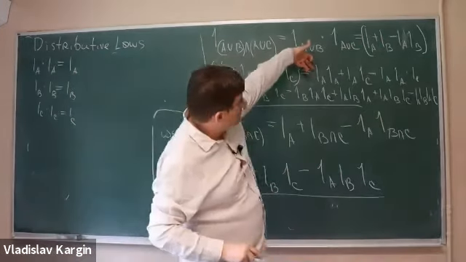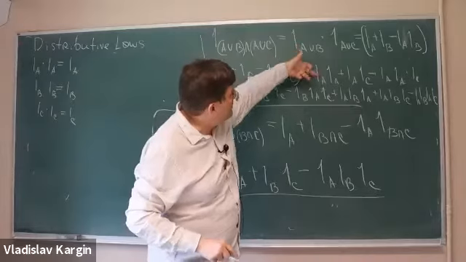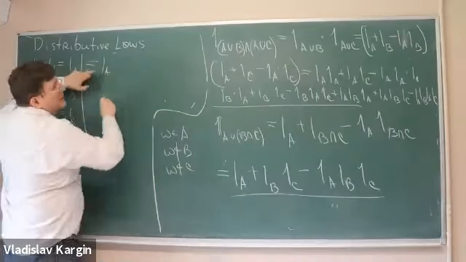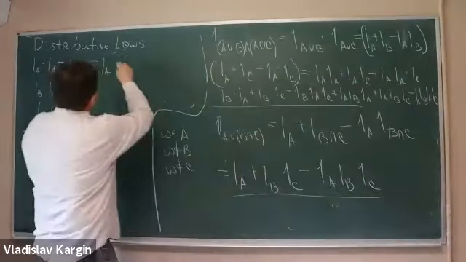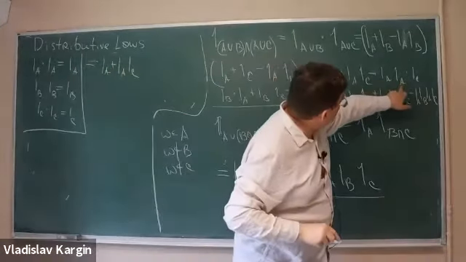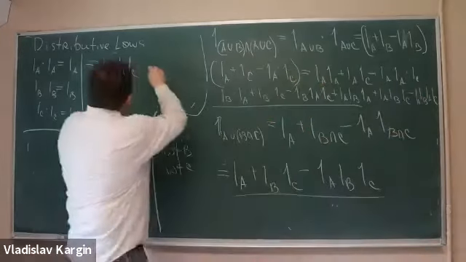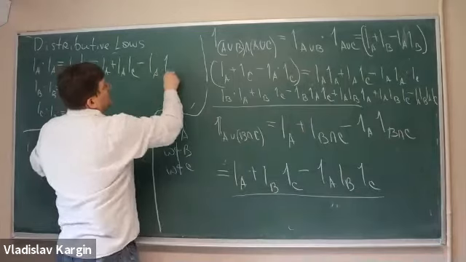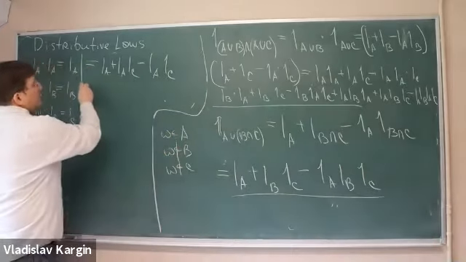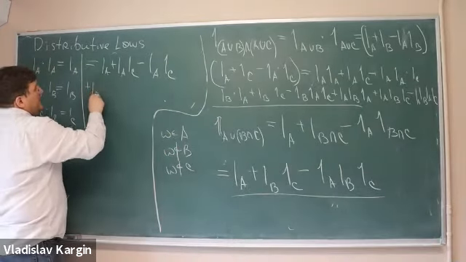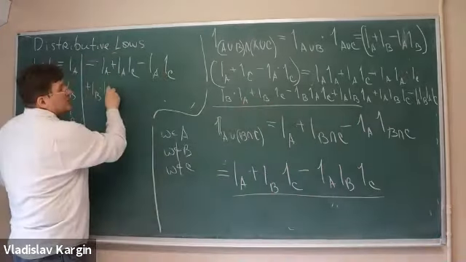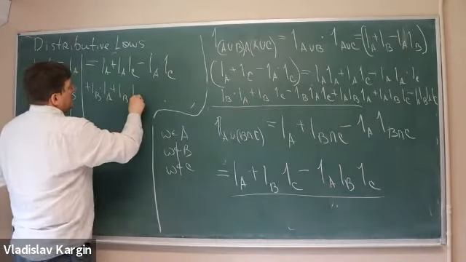So what will we get if we simplify this? We will get 1A here, 1A 1C, no simplification. Here's 1A times 1A times 1C, so minus 1A 1C. Here, 1B times 1A, no simplification, plus 1B 1A. Here's 1B times 1C, no simplification, plus 1B times 1C.